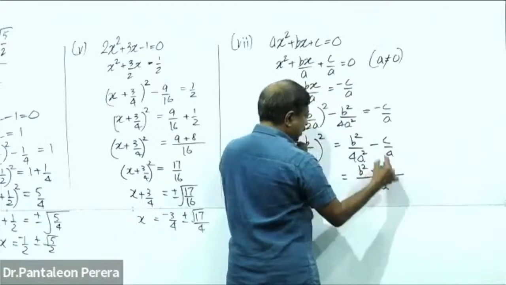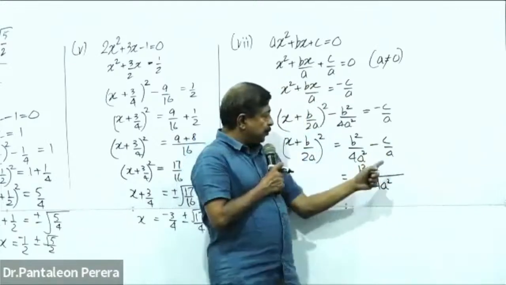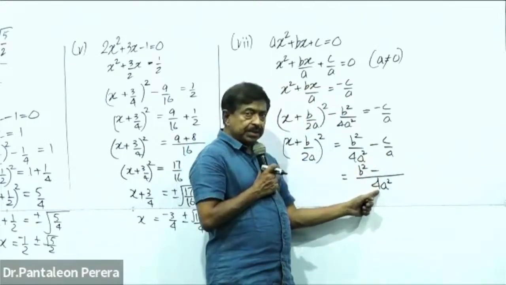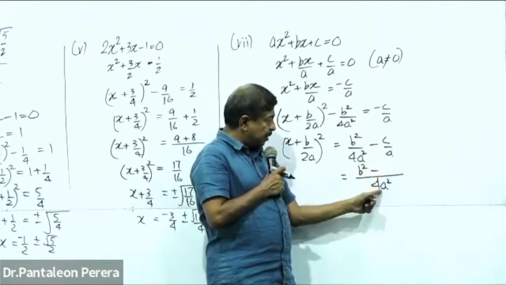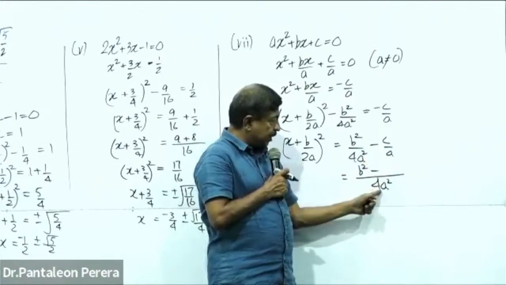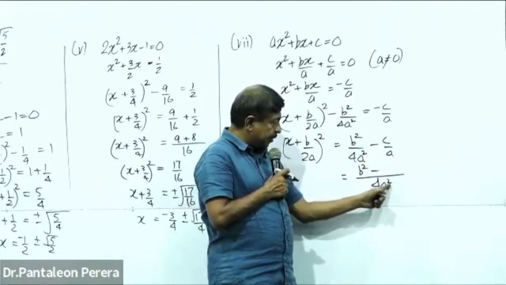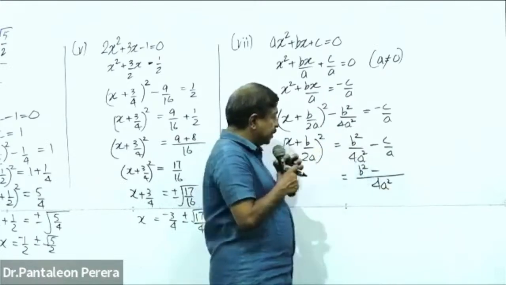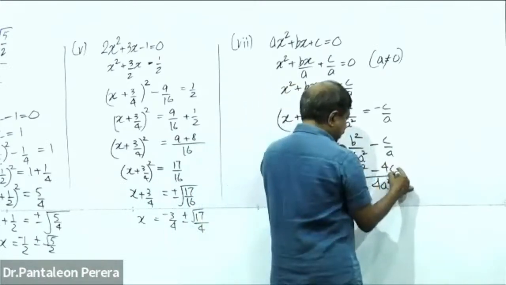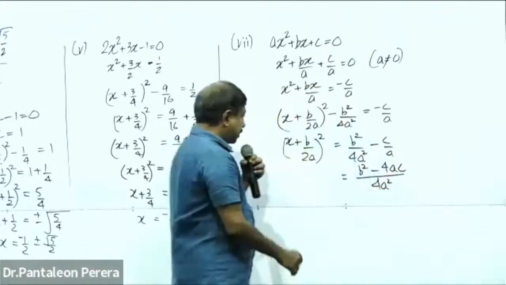So this is b squared minus. Now you need to have 4a squared downstairs. You have an a there. So you have to multiply the downstairs by 4a to make it 4a squared. So to hold the equality, you have to multiply the upstairs by 4a as well.